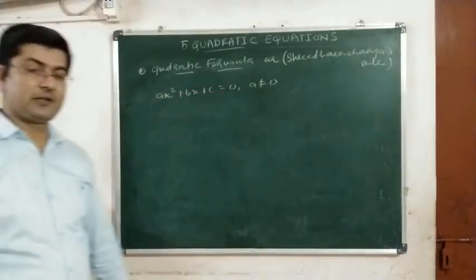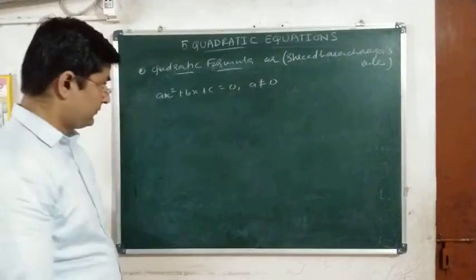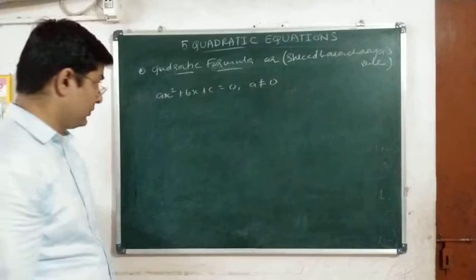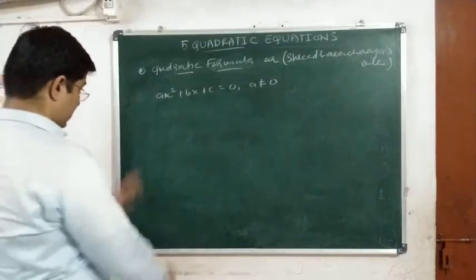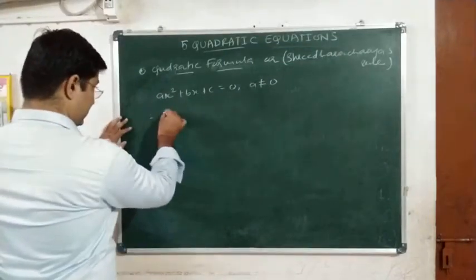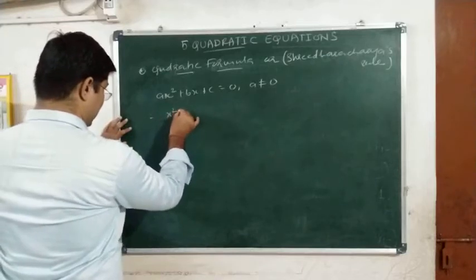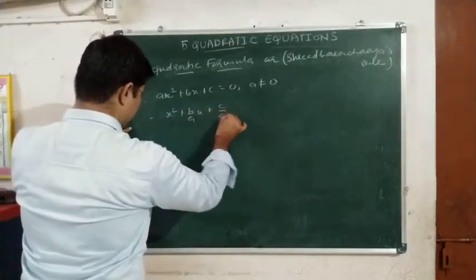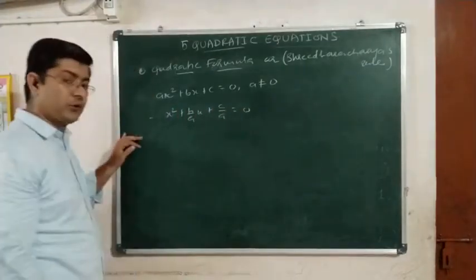This is the standard equation. Now from this we will derive the quadratic formula. First of all, I will divide the equation throughout by a. So x² + (b/a)x + c/a = 0.